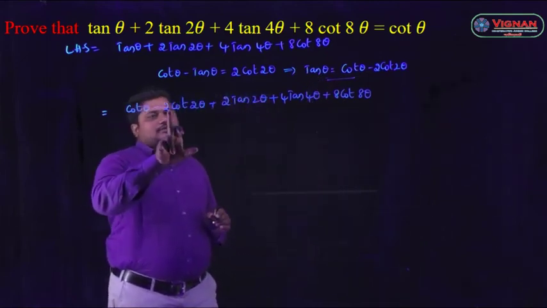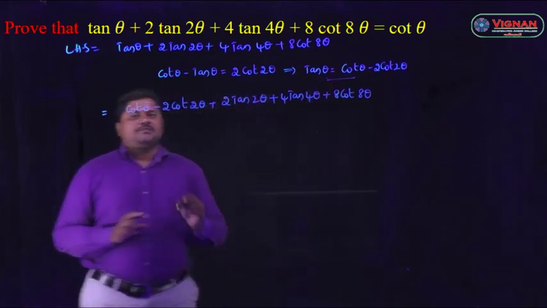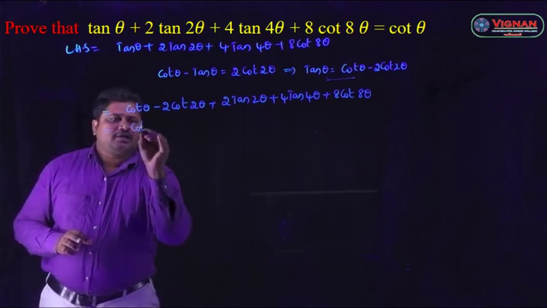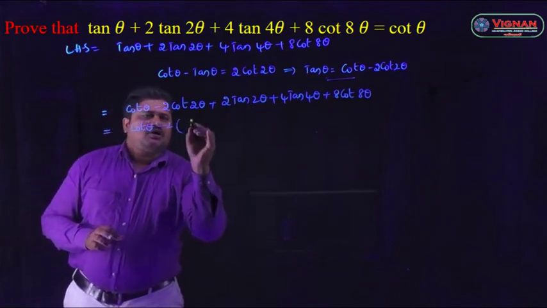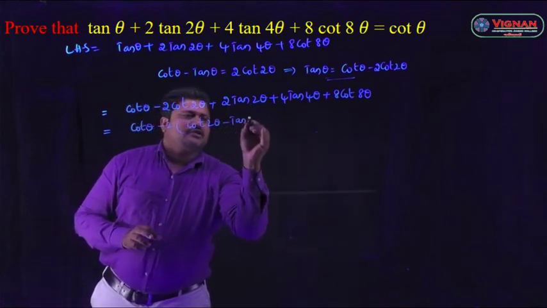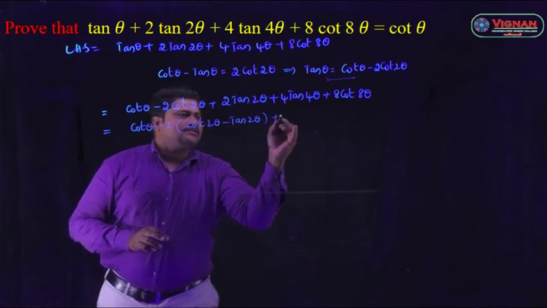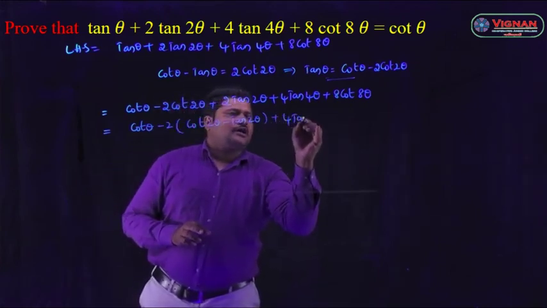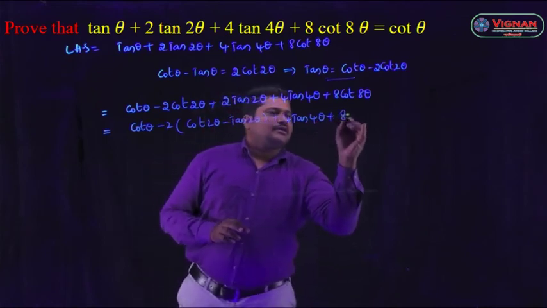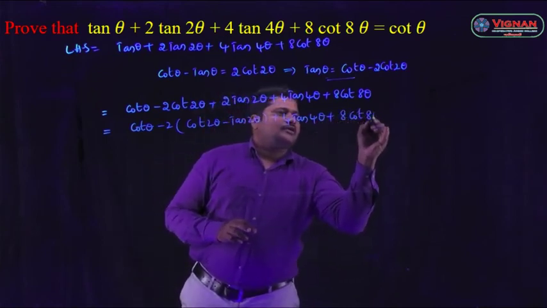Here taking common minus 2, we get cot theta minus 2 of cot 2 theta minus tan 2 theta, plus 4 tan 4 theta plus 8 cot 8 theta.